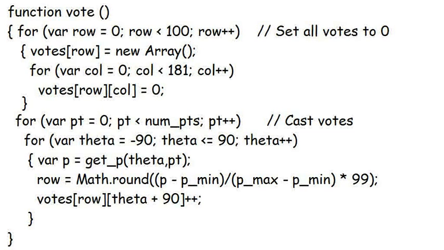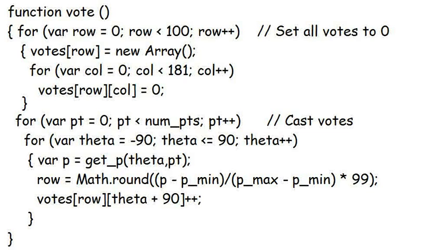For that edge point, a p value is calculated using getP, as we did before. A row is found corresponding to that p value by finding how far through the range from pmin to pmax it is. The round function then turns that proportion into a row number, and the cell corresponding to that theta value and row number has its vote tally increased by 1.